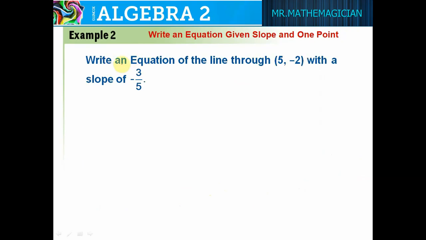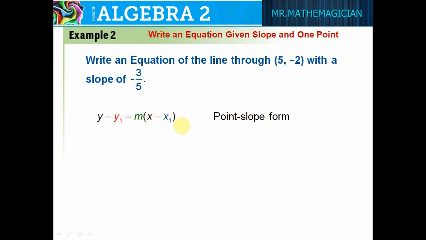Now, write an equation of the line through 5 and negative 2 with a slope of negative 3 over 5. You are given a point and a slope. So this is the point-slope form. y minus y1 equals m times x minus x1.